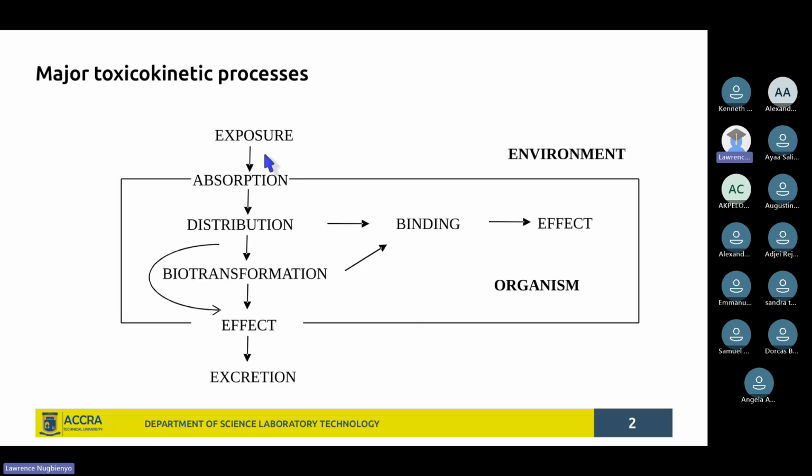And so you have an exposure of the organism to that substance, first of all. And once the substance gets into the organism, then the process of absorption occurs, which is absorption into, say, the bloodstream.